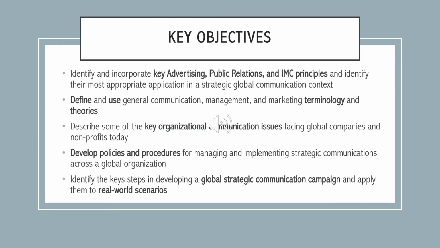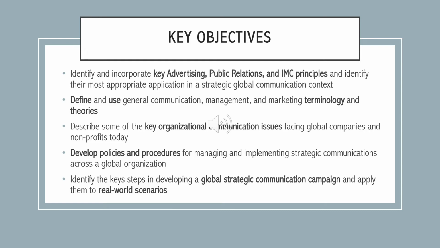In terms of key objectives, students will be able to identify and incorporate key advertising, public relations, and IMC principles and identify their most appropriate application in a strategic global communication context. Students will also be able to define and use general communication, management, and marketing terminology, as well as theories. Students will be able to describe some of the key organizational communication issues facing global companies and nonprofits.